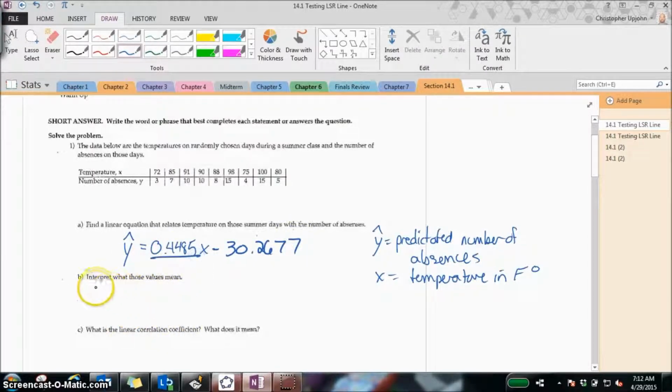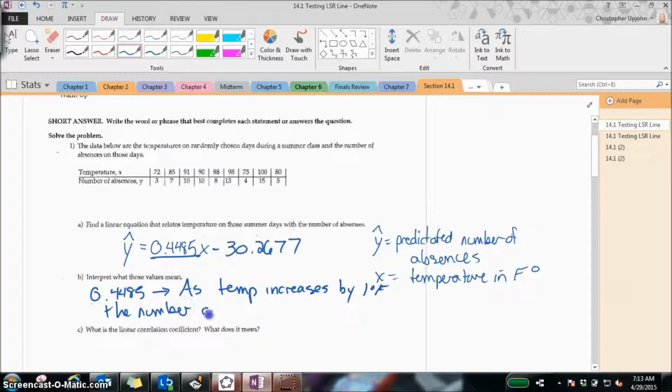Well, our slope, 0.4485, means as x increases by 1, so x is a temperature in Fahrenheit, as the temp increases by 1 degree Fahrenheit, the number of absences on average increases 0.4485. So if you want to multiply that by 10 degrees to get 4.4 absences, or whatever the case may be.